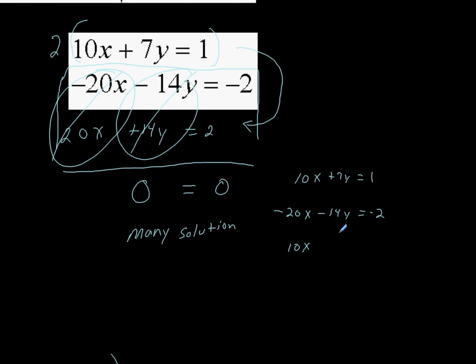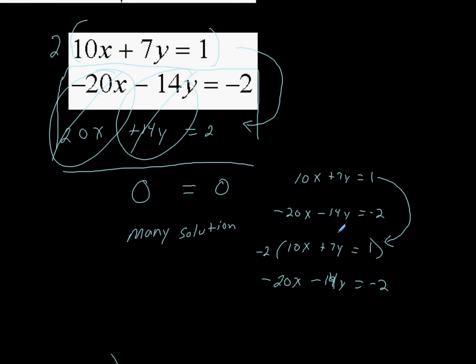Negative 14 divided by negative 2 is a positive 7y. And negative 2 divided by negative 2 is 1. Look, both equations are the same thing. All that has happened here is that they took the original equation and multiplied it by negative 2. If I take this and multiply everything by negative 2, I get negative 20x, negative 14y equals negative 2, which is what I began with.